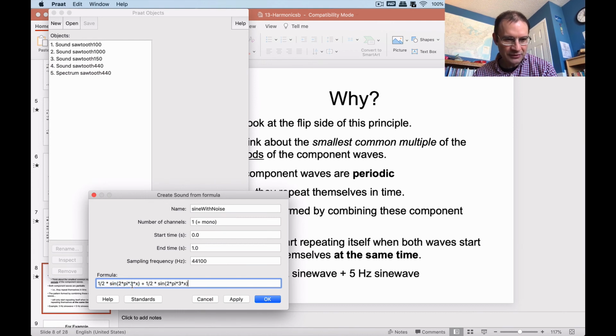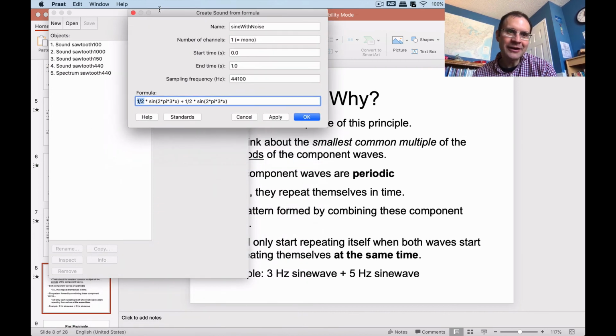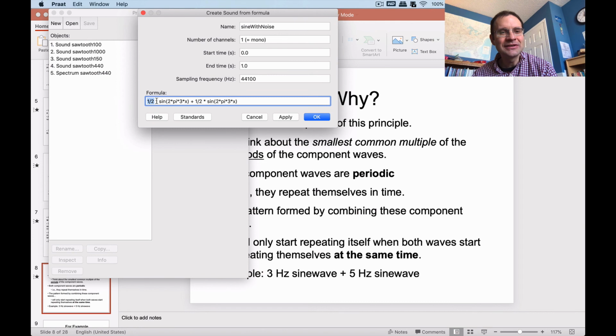I think I showed you this before, but when we use this formula creator in Praat, this is the peak amplitude of a sine wave, and this is its frequency in here, and you don't need to worry about this 2 times pi stuff, although you could read more of that Peter Ladefoged book if you really wanted to. I'm going to add 2 different sine waves together, one with a frequency of 5 hertz and another with a frequency of 3 hertz.